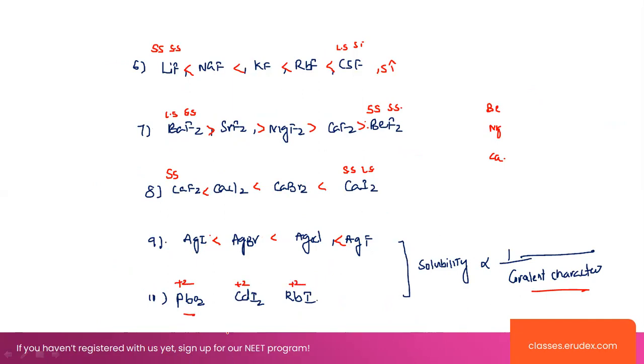In this case also, covalent character will be increasing, which means the solubility will be decreasing according to Fajan's rule. This is the way to solve questions based on solubility order.